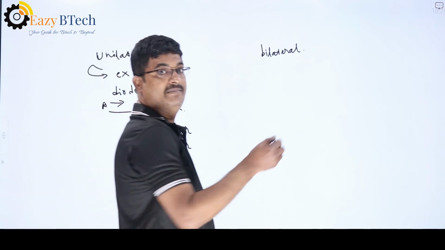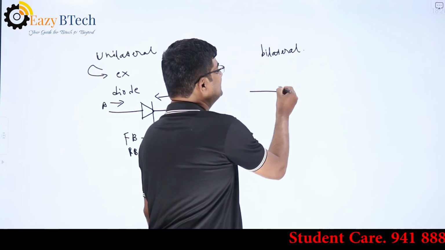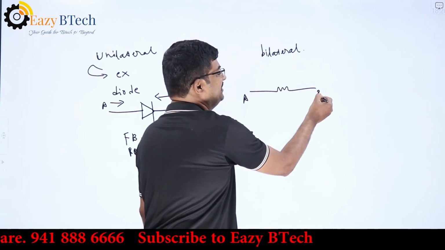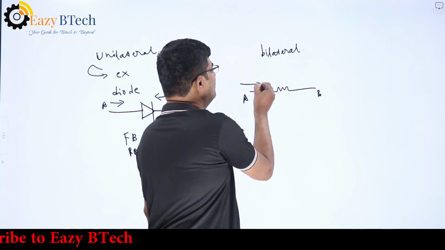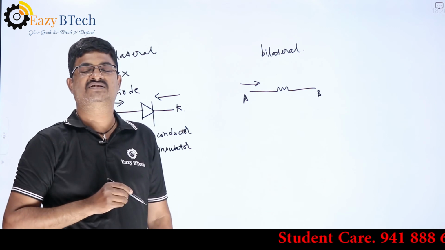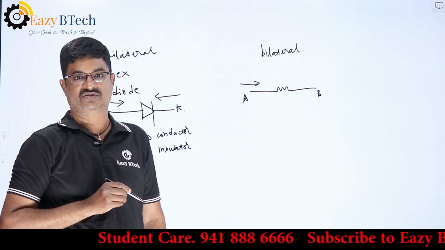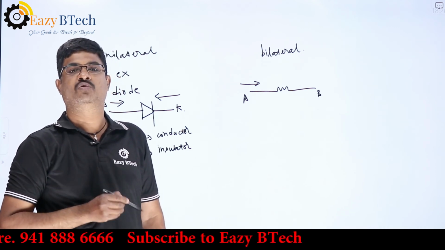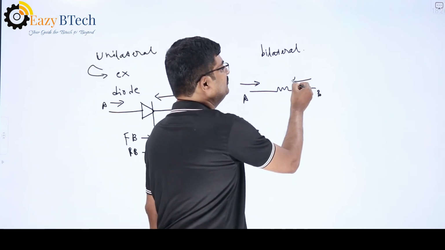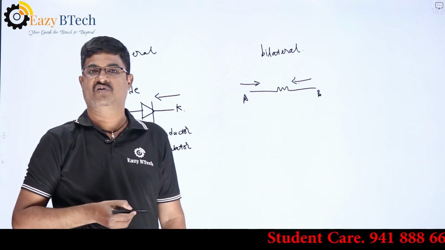Now when we come to a bilateral element, the best example I can give is a resistor. Suppose I have a resistor between A and B, and the current is flowing from A to B. The property of the resistor is to stop the free flow of electrons. When the current flows from A to B, it stops the electrons. When current flows from B to A also, it stops the free flow of electrons.